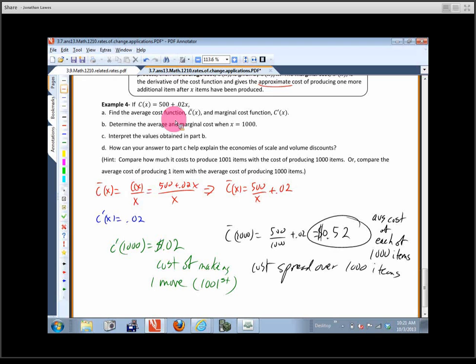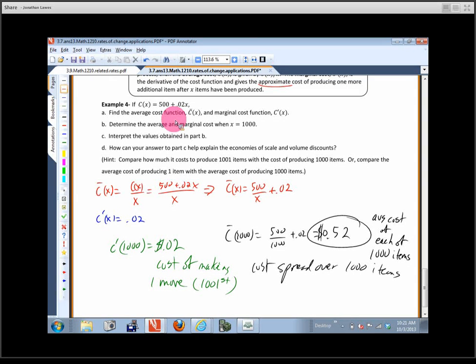If we make one item, it costs us 2 cents to make the item, but it costs us $500 to open it. So it costs us $500.02 to make one item. The average cost at that point is $500.02.